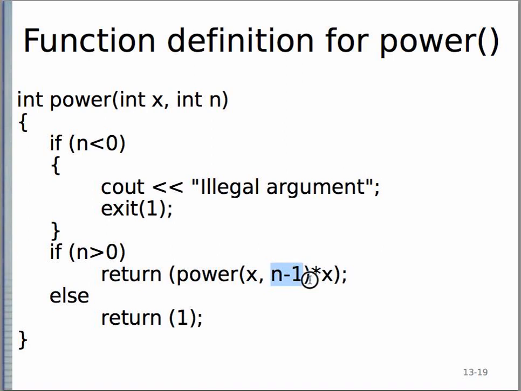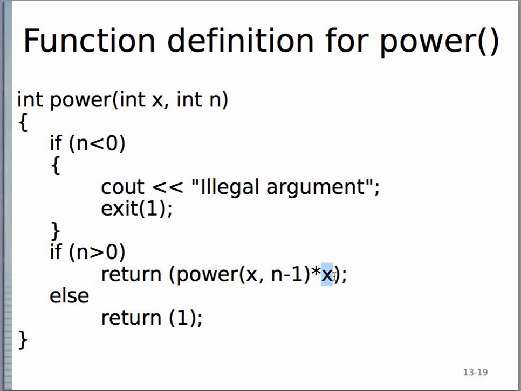Whatever this whole thing is, x raised to the power n minus 1, if you multiply it by x, you get x raised to the power n. So we're taking a big problem, x raised to the power n, and breaking it up into 2 pieces. One piece is very similar to the original problem but smaller by 1, and then you multiply it with x to get the whole result.